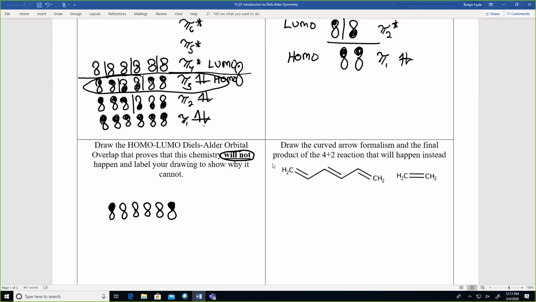Well, what I know should happen is that the lower lobe of the diene should form constructive orbital overlap with the dienophile. For that to happen on the left-hand side, it would need to be minus overlapping with minus, and so my plus must be at the bottom here. But then I have a node. What should that other side then look like?